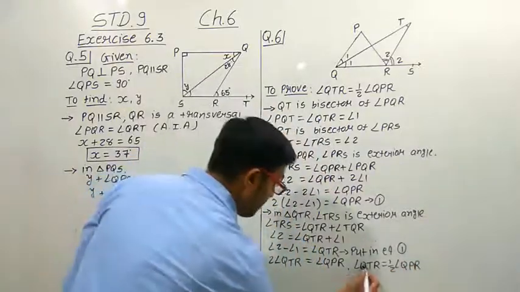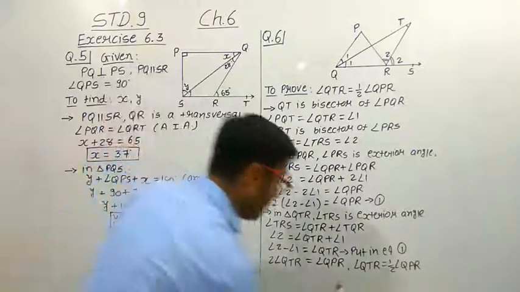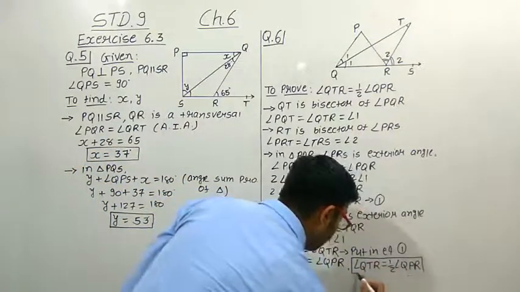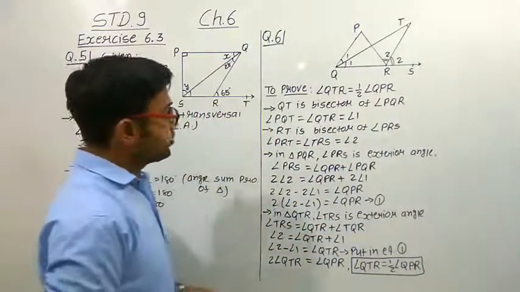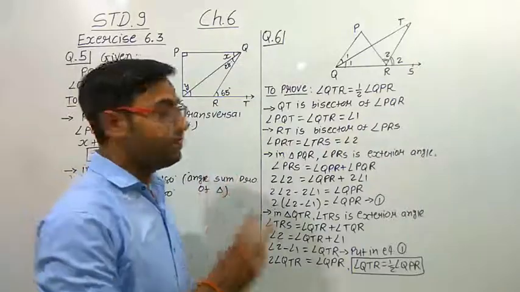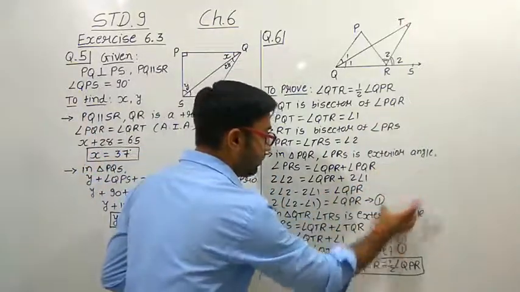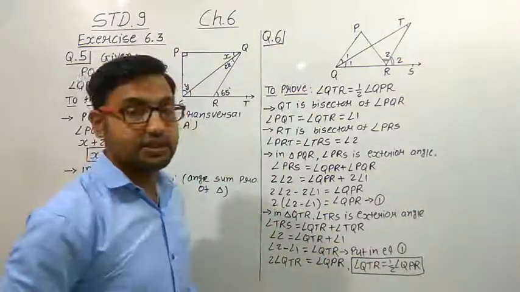And see, this is the result that we have to prove, right? Angle QTR will become equal to half of angle QPR. So here we use two concepts, angle bisector and exterior angle property. By using these two properties, we can solve this.